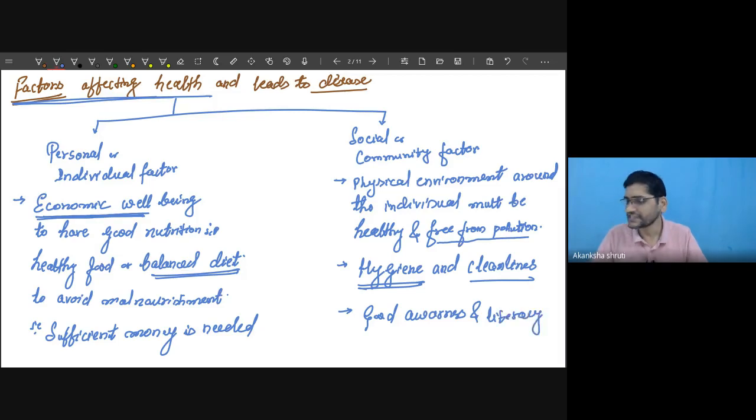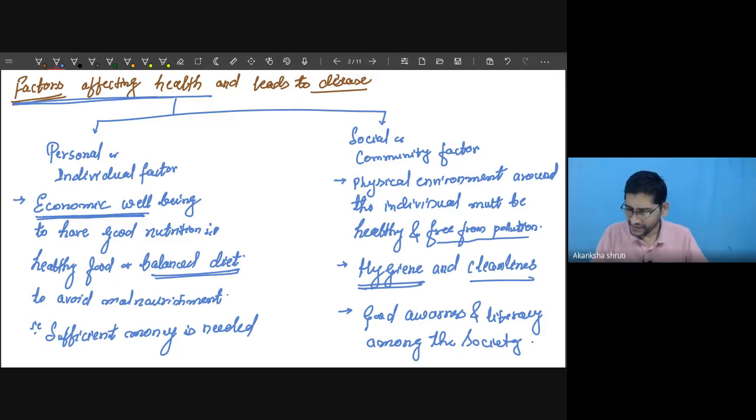If the person is literate, then he can understand that an unhealthy environment leads to various diseases. So that's why good awareness about health and literacy is required among the society. Society includes all your neighbors and everything around you.